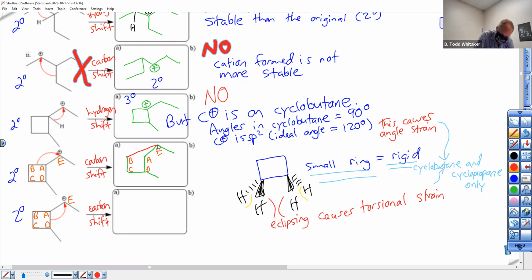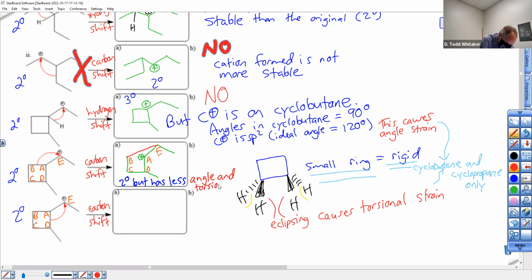A is a carbocation. And you say, but wait, it's secondary. Why would this happen? Secondary, but has, I need the magic words. Less the two new strains. Give me both of them. Same out loud. Angle and torsional strain.